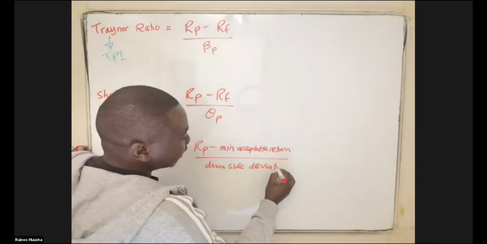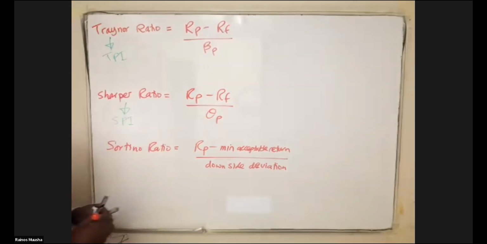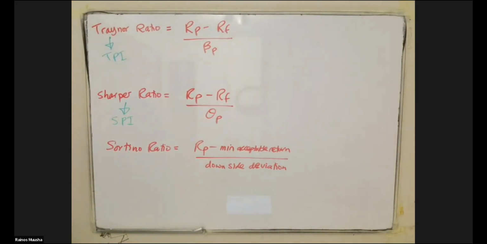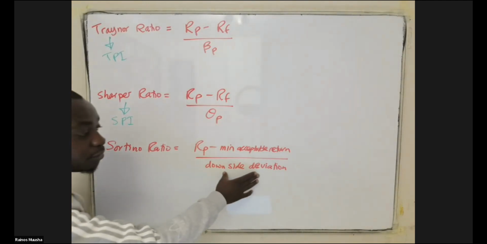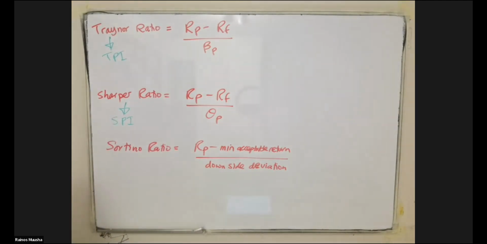The downside deviation there is the standard deviation where the portfolio has failed to meet what? The minimum acceptable return. So where the portfolio fails to meet the minimum acceptable return, the standard deviation of those returns is what we refer to as the downside deviation.